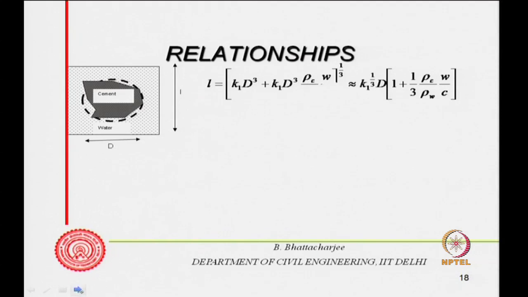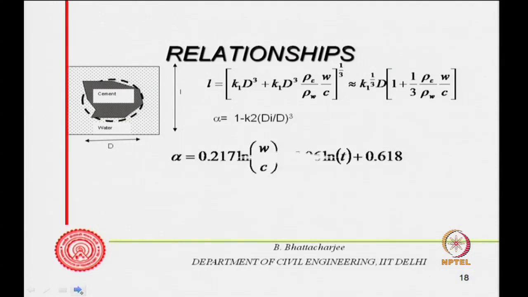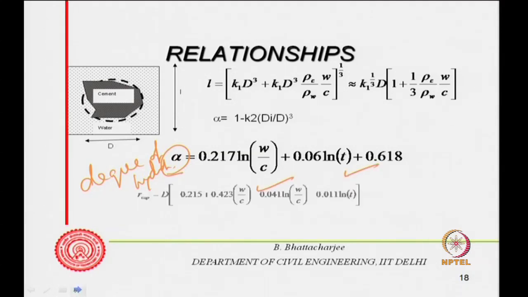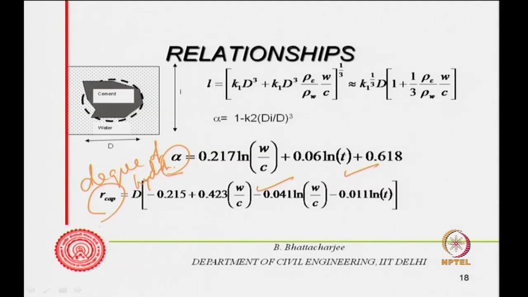I do not think I will go into the algebra, but the degree of hydration alpha can be related to age and water cement ratio, and the mean capillary porosity can be related to water cement ratio and age.